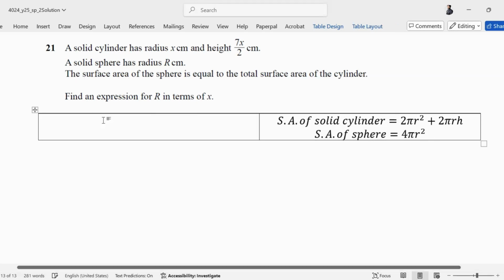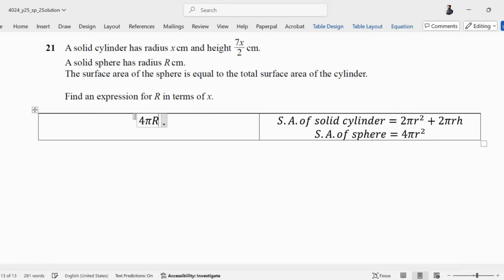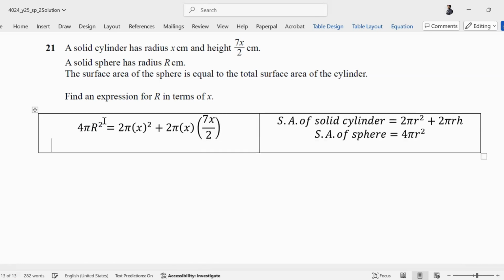So now equating both these two, 4 pi r square is equal to 2 pi, the radius is x, and 2 pi radius is x, and height is 7x upon 2. So 4 pi r square is equal to 2 pi x square plus 7 pi x square.